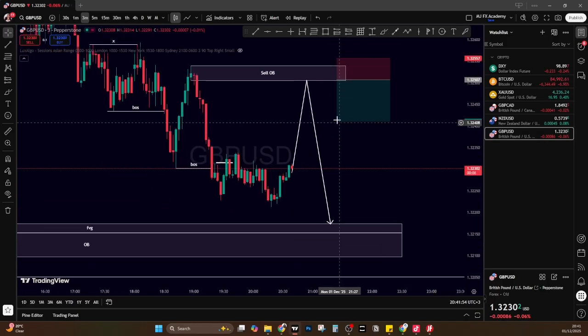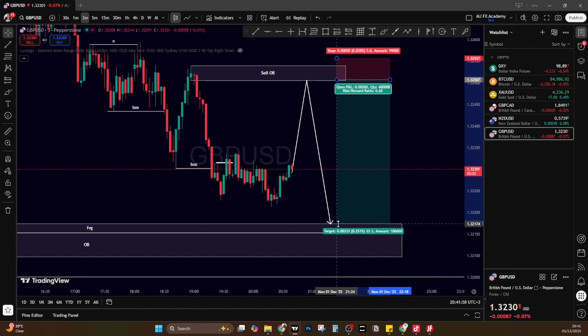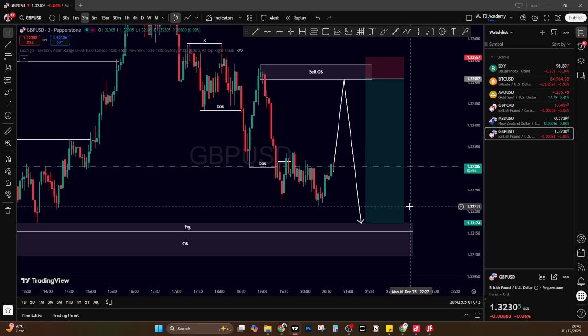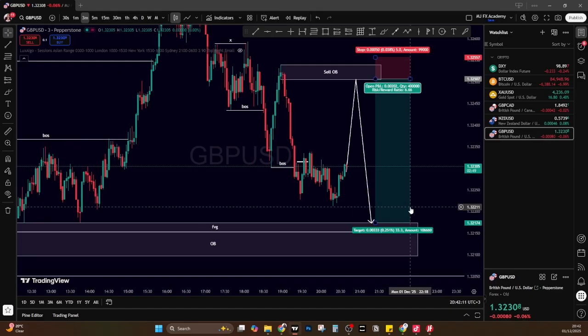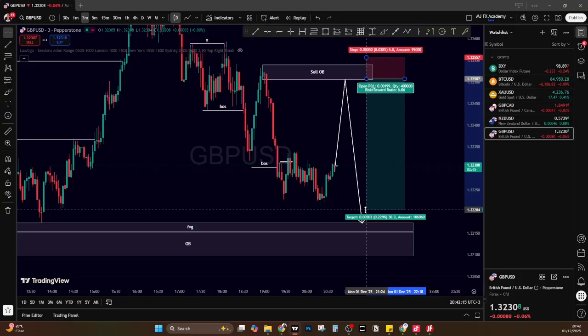So the market comes, taps to our order block here, and then we expect it at the start of the FVG. That is the most ideal place to put your take profit, sorry, not stop loss, right? Your take profit, where we have the start of our FVG, or even that swing low.